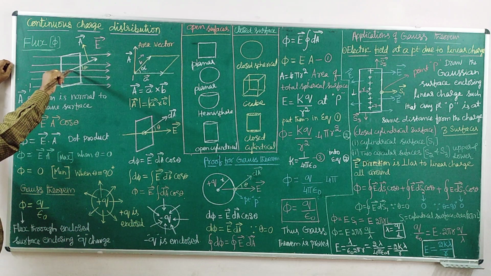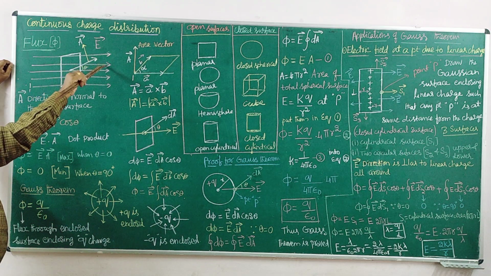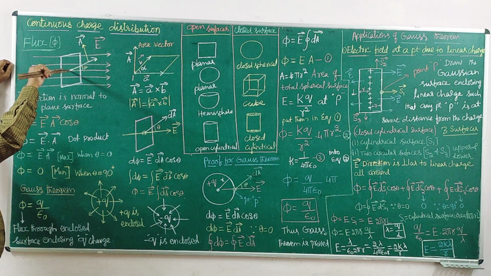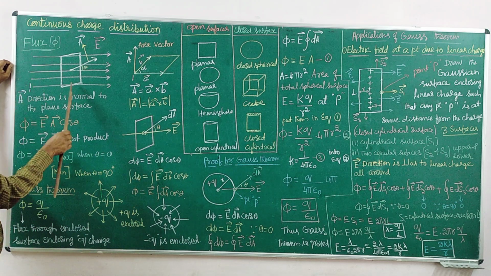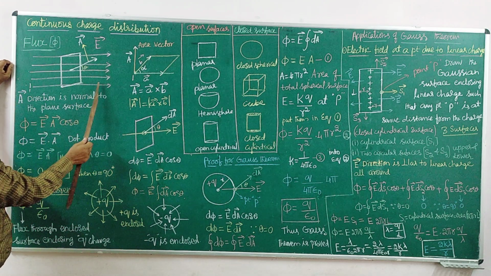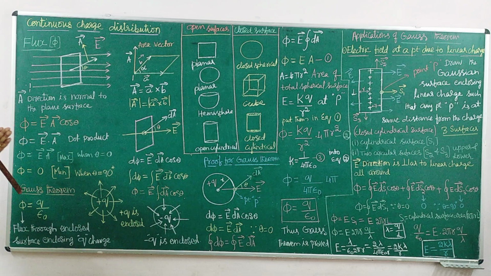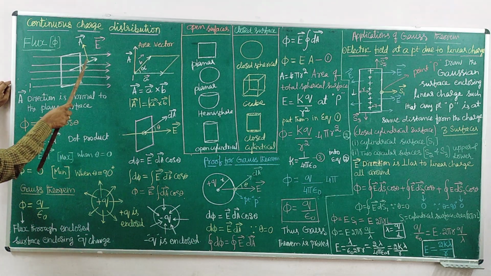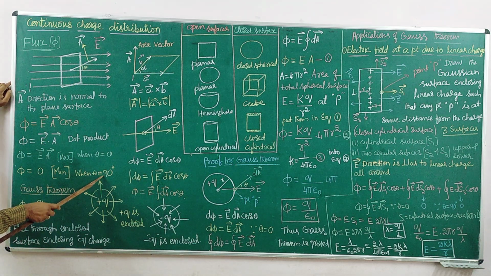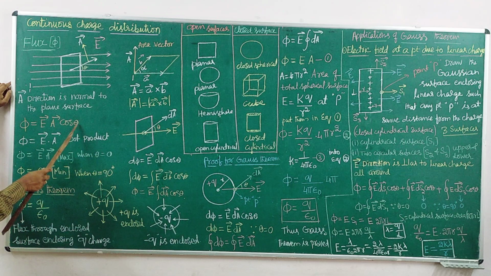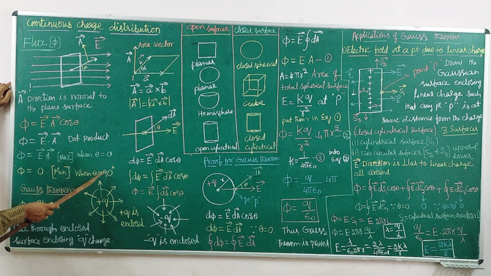The angle between the area vector and the electric field vector is 90 degrees. Cos 90 equals 0, so 0 into this is 0.